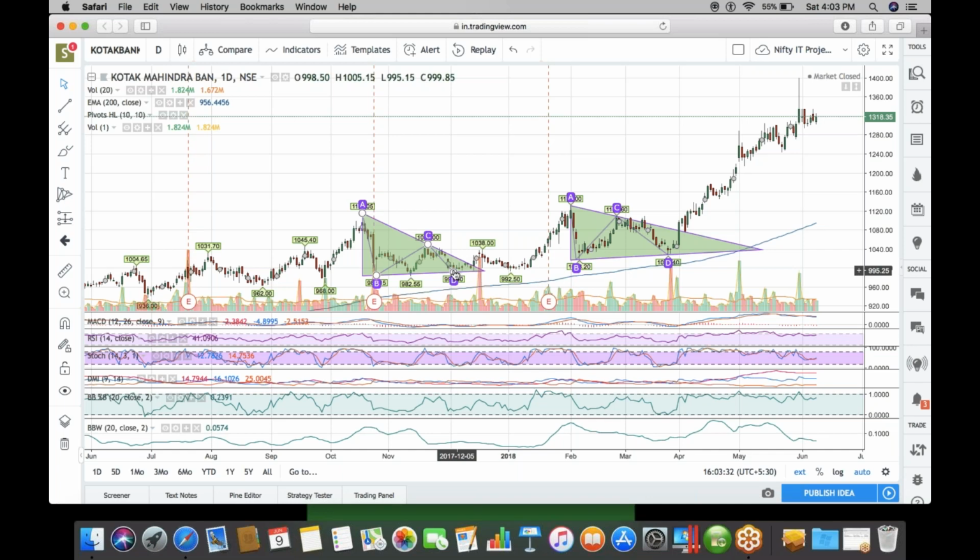Make a low on 4th of December 2017. Again make a relatively lower high as compared to this one at 1038. Make a bit of higher low. This price is 992, this price is 992.50, almost the same price. Again make a higher high of all the previous highs.